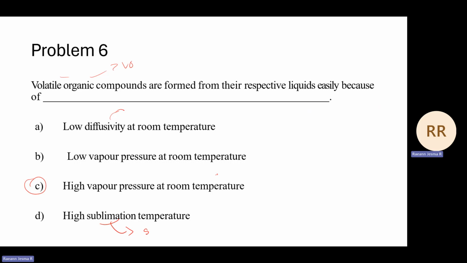Sublimation means converting from solid phase to vapor phase, but since it is mentioned that they are formed from the respective liquids, high vapor pressure at room temperature is the correct answer.